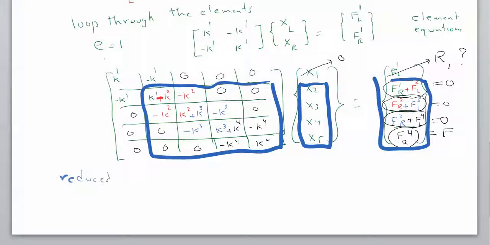Reduced equation. That means after you apply the loads and boundary conditions, it's going to be a 4 by 4 matrix. So it's going to be K1 plus K2, minus K2. Remember, these are not squared. These are referring to AE over L of element 2.